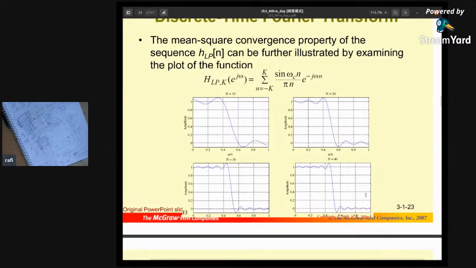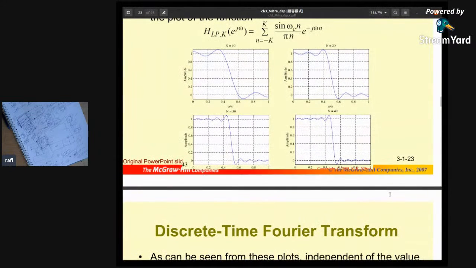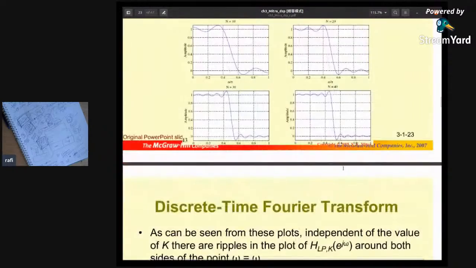But the mean square error will go to zero. Between H of omega and H k of e power j omega, the mean square error will be zero. So that comes under the second category that we have seen, signals having finite energy but not absolutely summable.